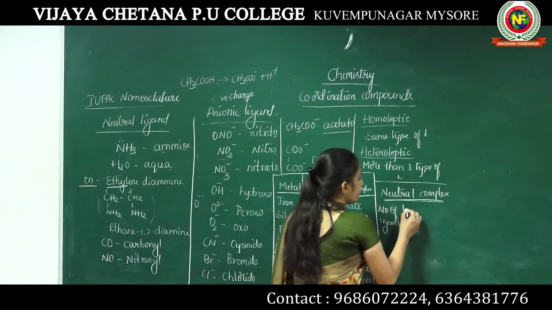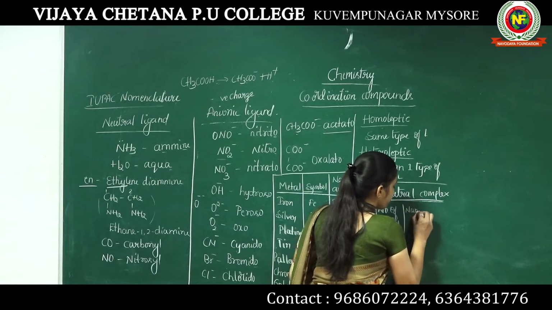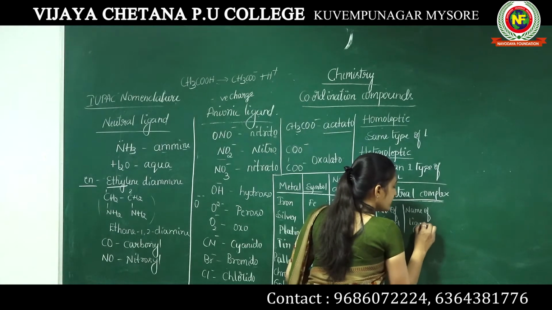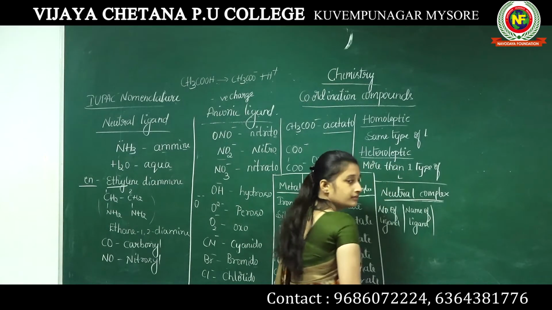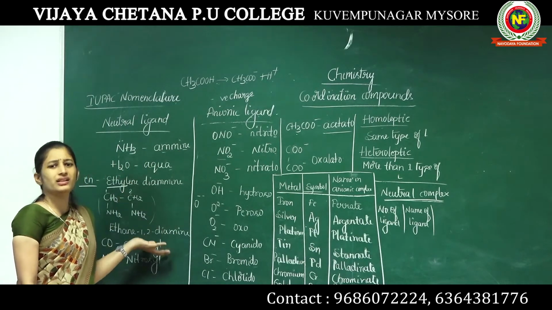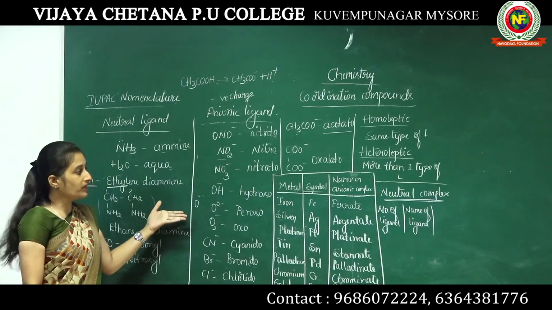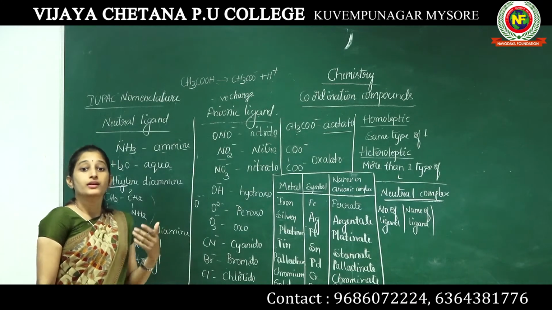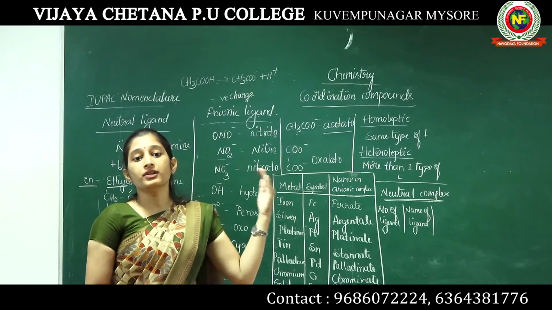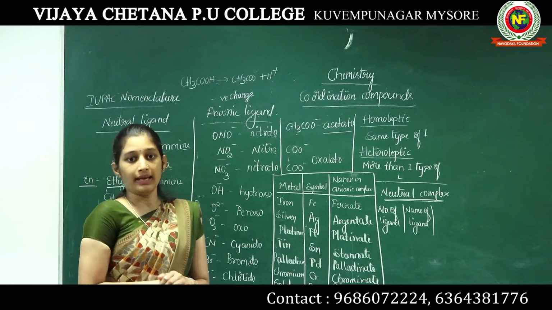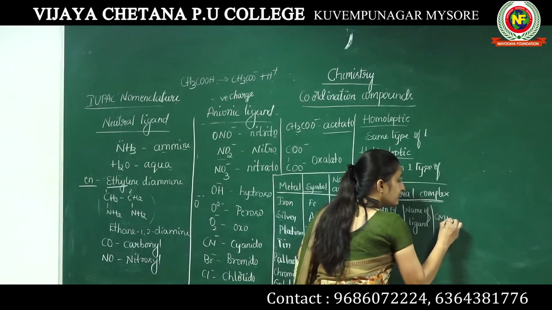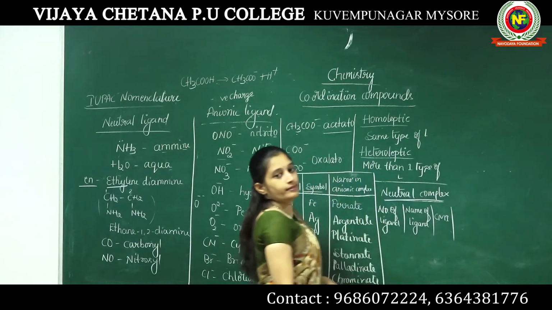Next, name of the ligand. It may be amine, it may be aqua, whatever the ligand. Here so many ligands are there, no? First how many ligands are there, then what is the name of the particular ligand, then the CMI, central metal ion.